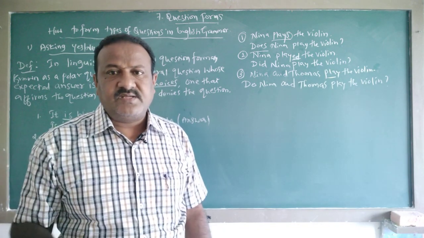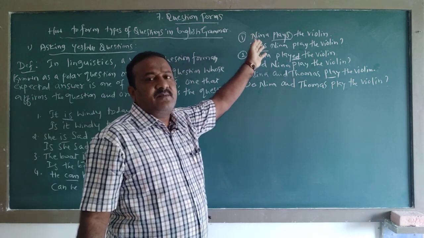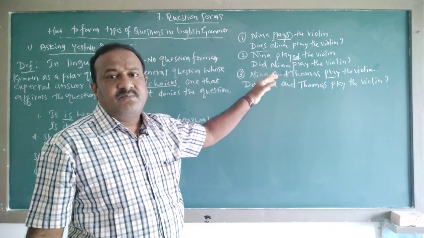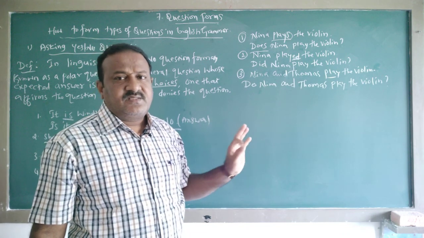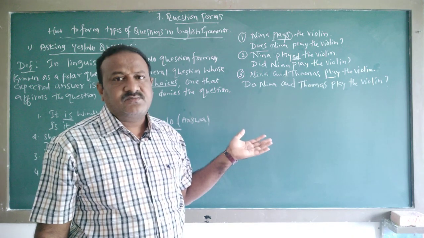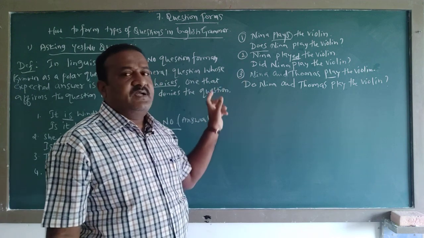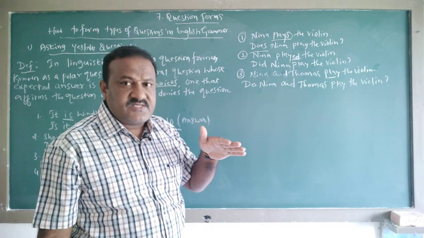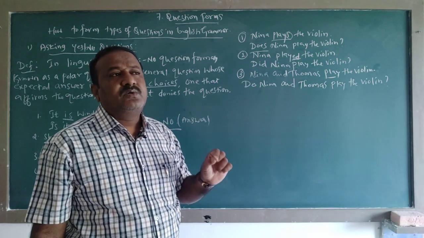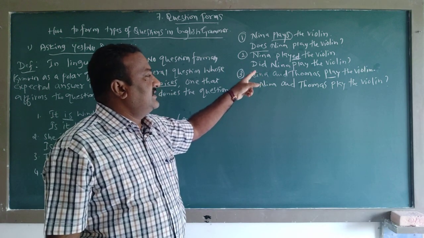If it is not there, and there is no helping verb like is, was, am, are, were, can, could, might, may, must, no auxiliaries or modals, only the main verb and subject, then we have to see the sentence and which one will come: do, did, does. There, played is in that sentence.